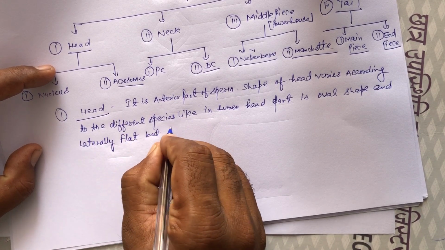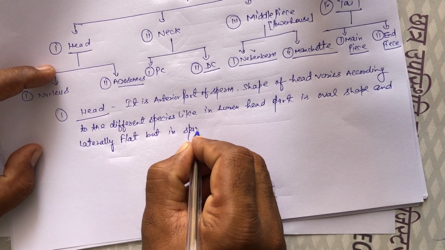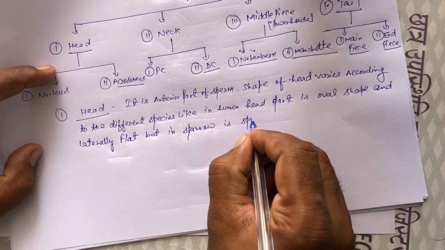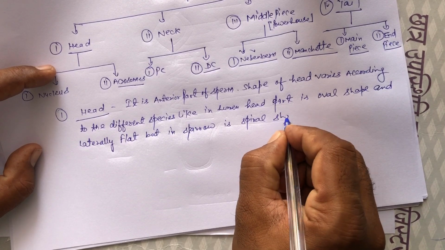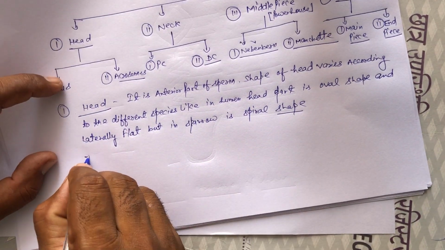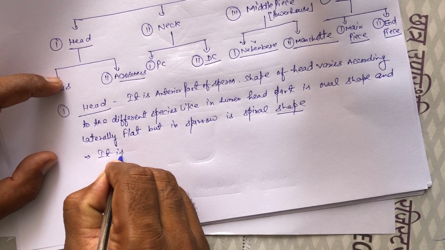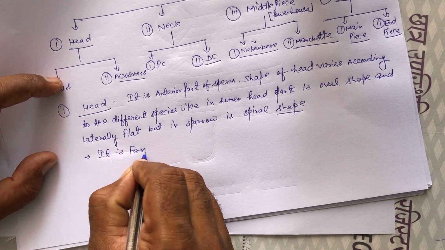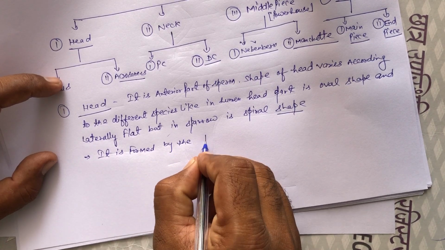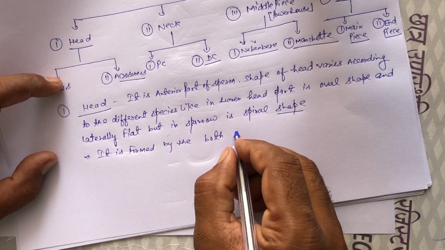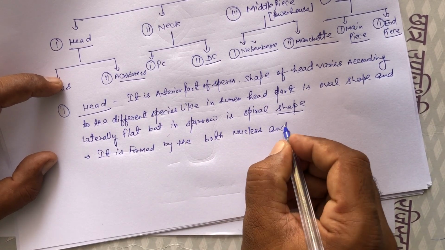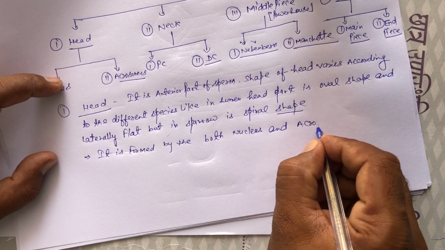But in sparrow it is spiral shaped. It is formed by both the nucleus and acrosome.